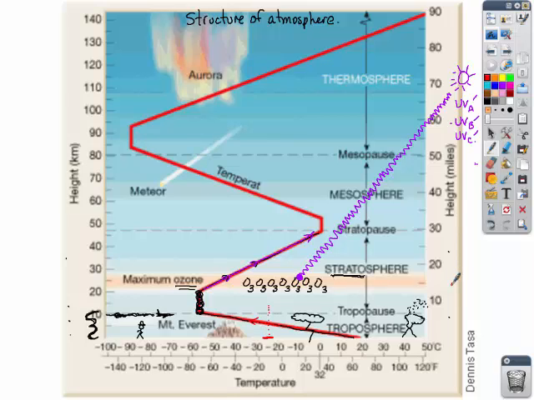All right, it's kind of like putting your hand on a hot stove. As you move your hand away from the stove, it's going to naturally get cooler. You're getting away from the source of heat. The Earth is the source of heat in the troposphere. In the stratosphere, that absorption of UV radiation is a source of heat, so temperature rises.